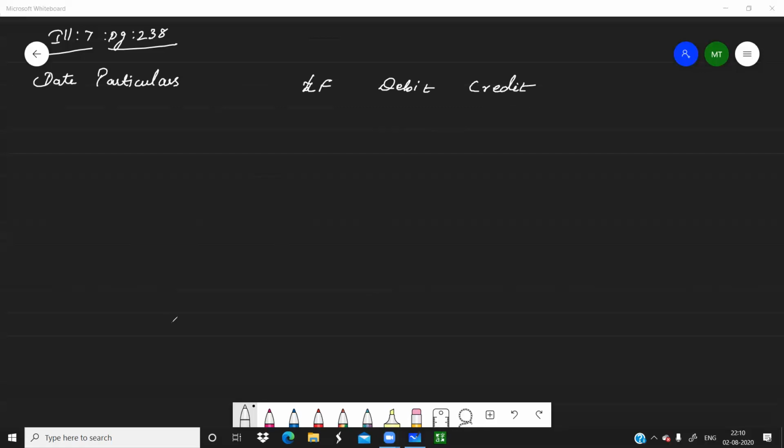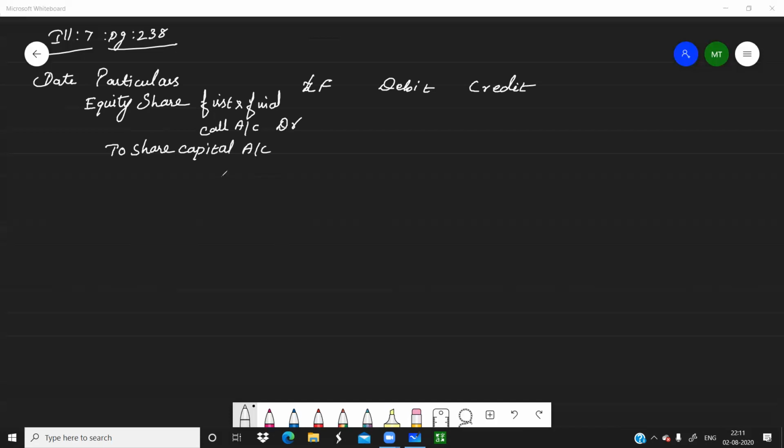Okay, next, equity share first and final call account debtor to share capital account. Okay, so the amount is 15,000 ordinary shares.